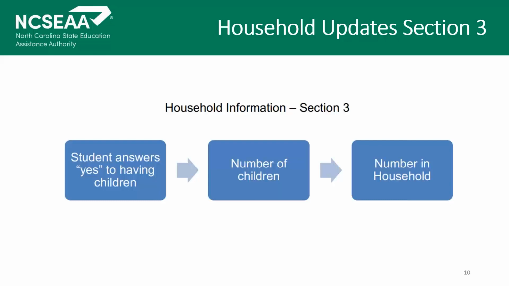I've known in previous years, a lot of students get this question a little confused with who to add and the total number in the household. So this makes it a little easier because it will detail who they need to include on the application, and it will figure the totals for the student, which makes it a lot easier when completing the application.